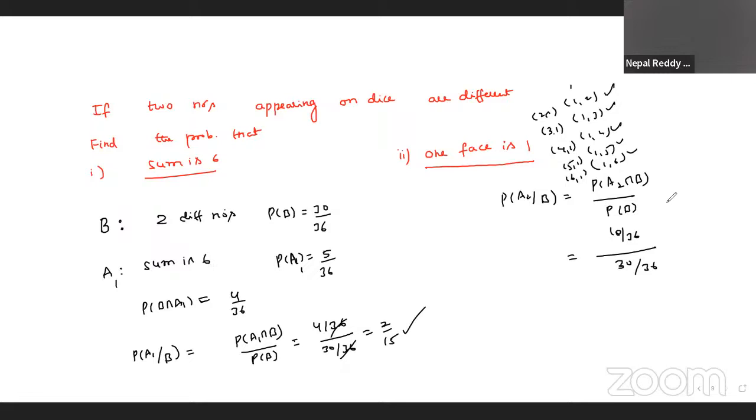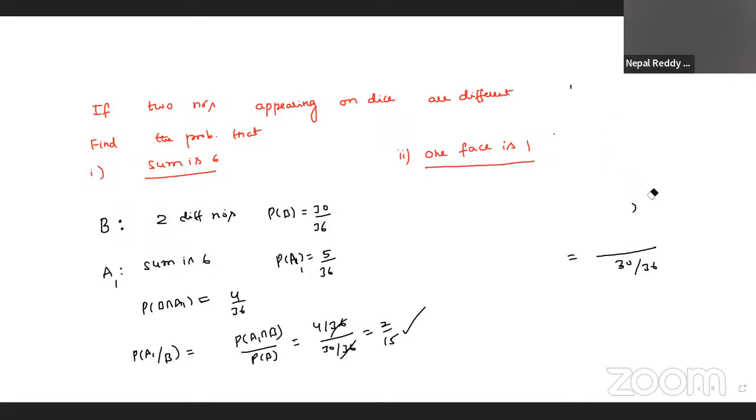But the question is probability of A2 given B, right? B is given, two different numbers.